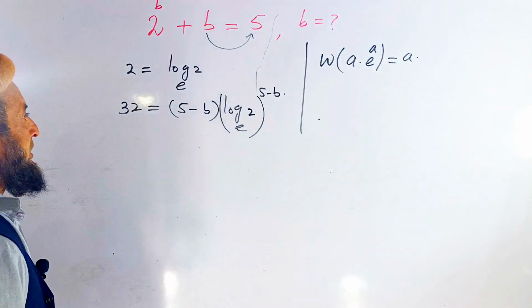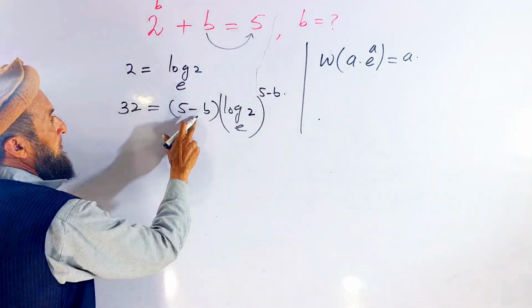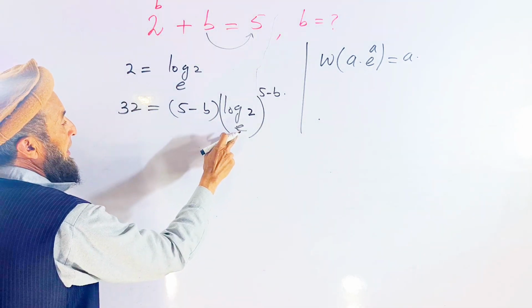According to this function we need 5 minus b and e.